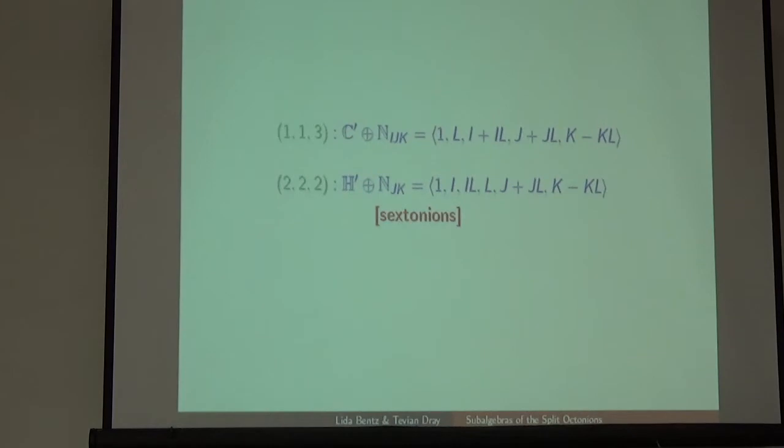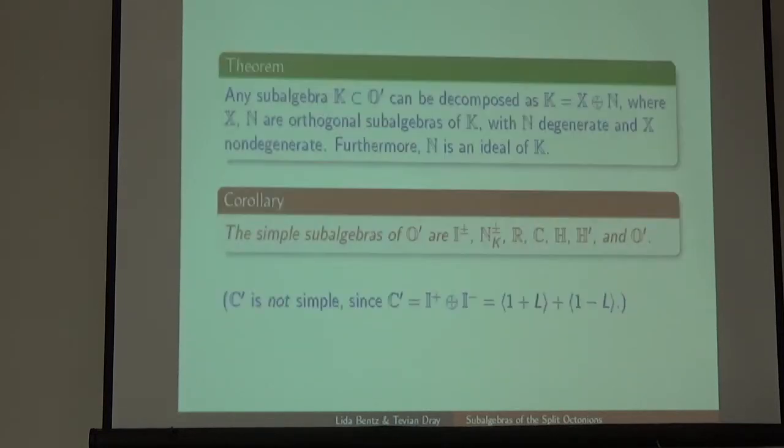So now we can look back and say, what do these subalgebras look like in the sense of what are their common features and properties? And so here's what has in fact been proved by exhaustion, which is that any of the subalgebras of the split octonions can be written as a vector space, as a direct sum of two pieces.